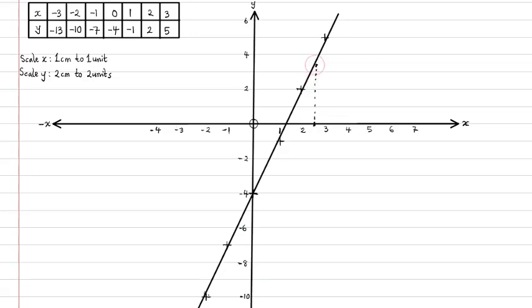So wherever it touches this place, we're going to link from this place to the y-axis. So this will be our y. When x is 2.5, what is the y?